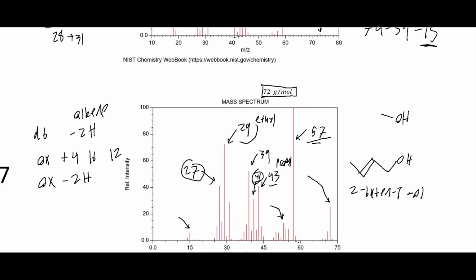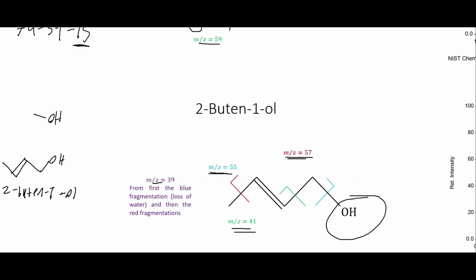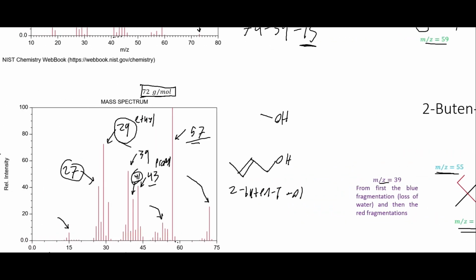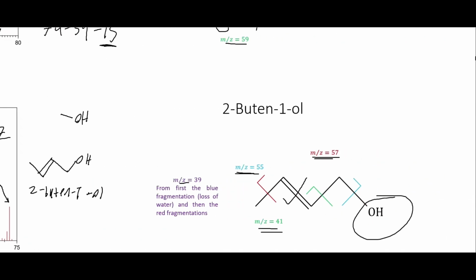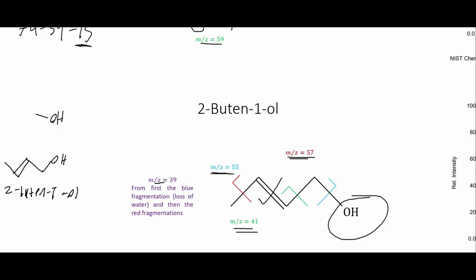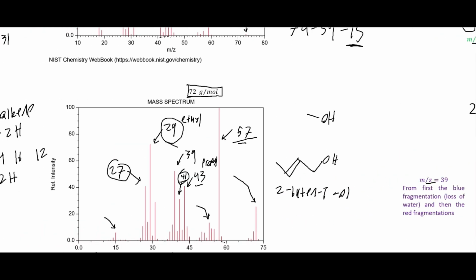We have our one here at 29, which would look like the ethyl group if we're maybe breaking it right there. And we also have our 39 group, which is what I show here in purple. So this would happen if we first did the blue fragmentation, so we break off the water, and then the red fragmentation, so breaking off that methyl group. That could give us the 39 there.